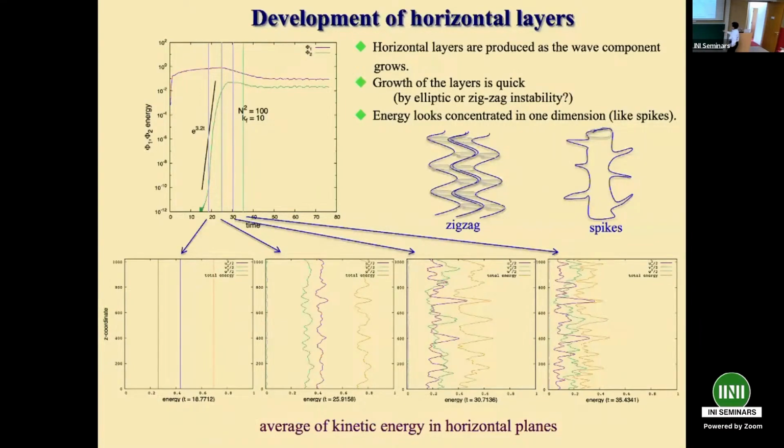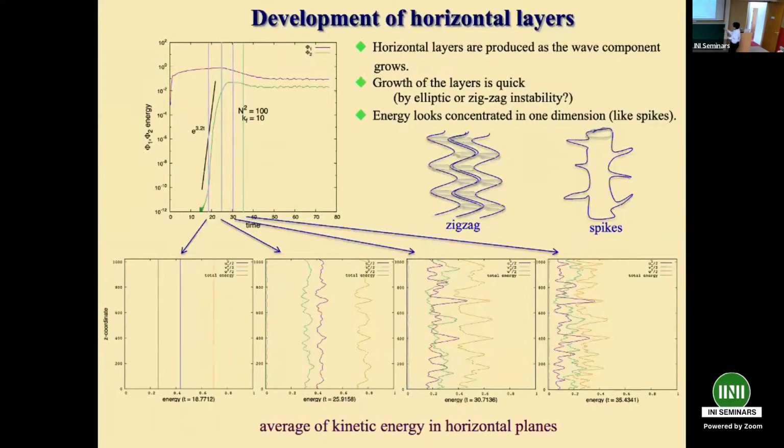For example, this is the x direction, and meanwhile the y direction is very small, and the x energy is almost like the total energy, which means energy is concentrated in maybe one direction.